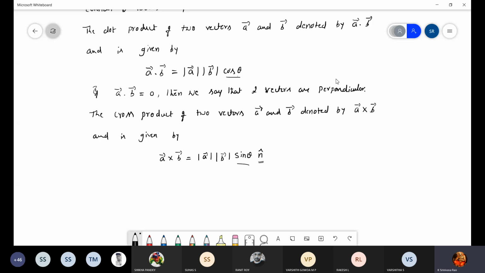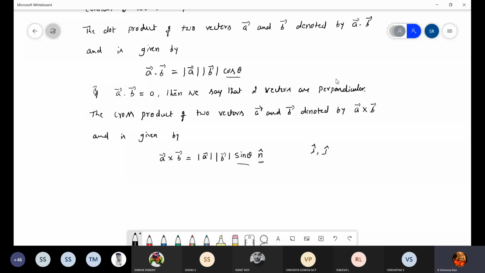For example, for I and J, just give the answer: which is the vector perpendicular to both I and J? K cap. Very good.